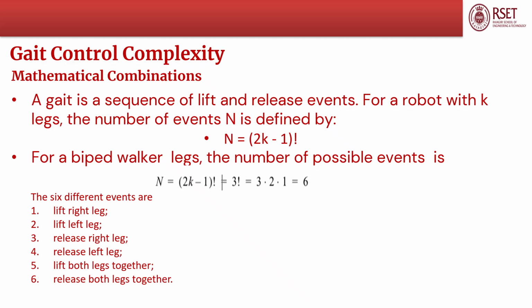In such cases, the different events are lifting the right leg, lifting the left leg, releasing the right leg, releasing the left leg, lifting both legs together, and releasing both legs together.